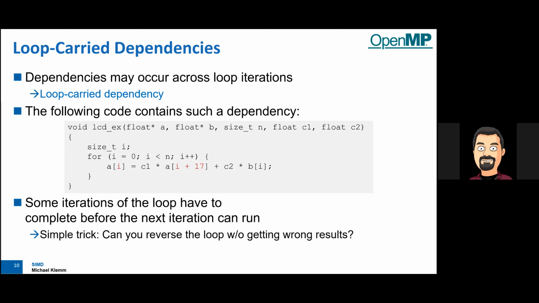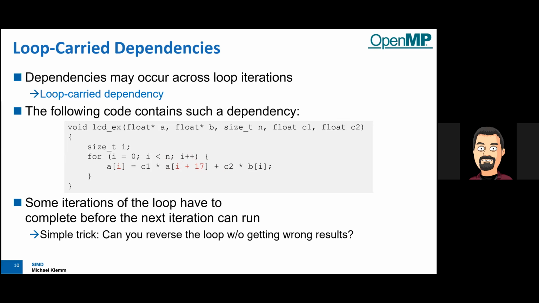Here's an example. What I'm doing here is A of I is being written in one iteration, and it needs A of I plus 17 to update A of I, right?